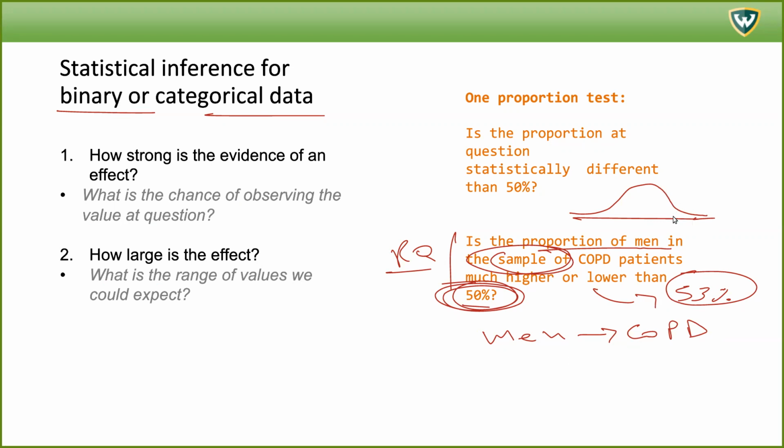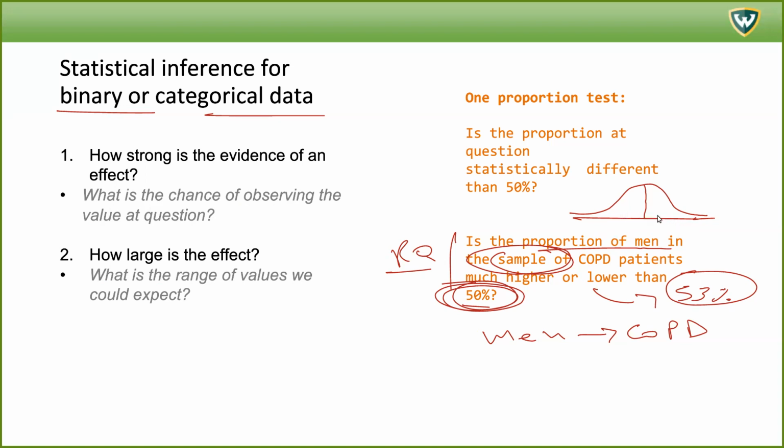So we will assume a normal distribution that we compare with. And what we're doing with this first question, what is the chance of observing the value in question, is assuming a null distribution, assuming that it should be 50-50, 50% of men should have this and 50% of women should have this.